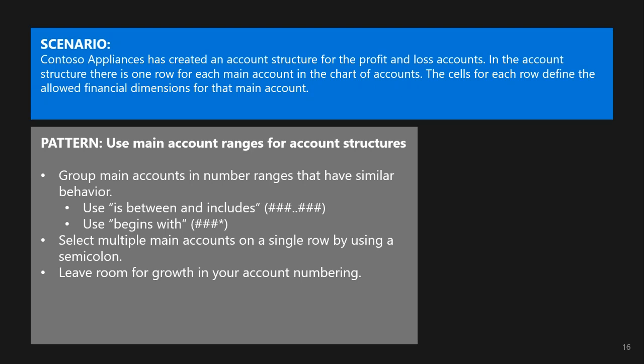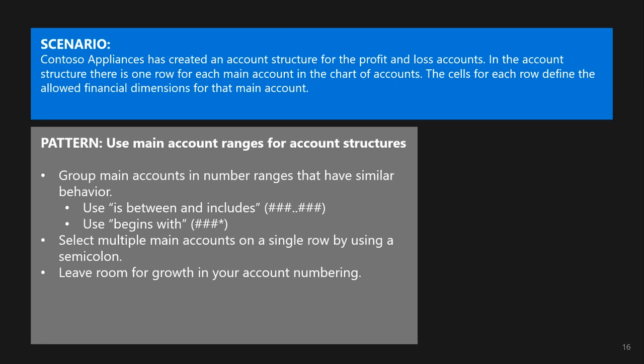So when you're adding those rows, if you're using the bottom half of the form, you can use the is between and includes, or you could use the begins with. And the format of that is your number, or the number star, if you're going to type it into the cells directly.